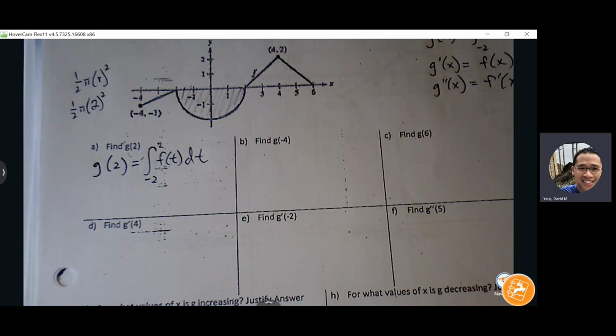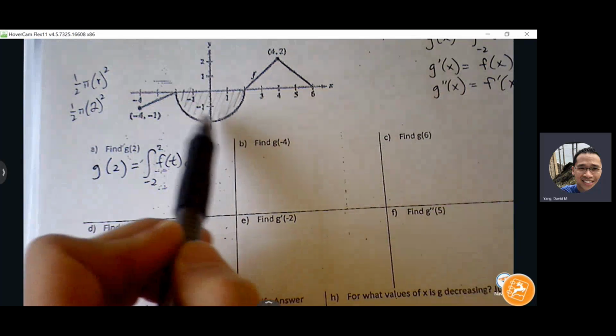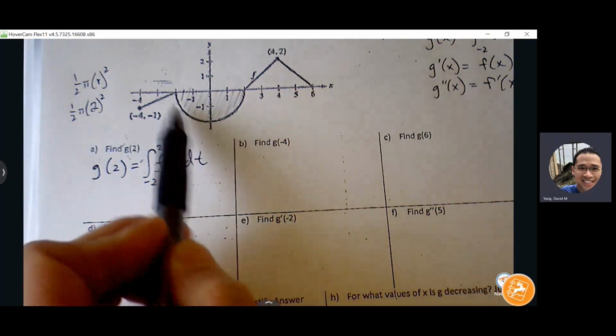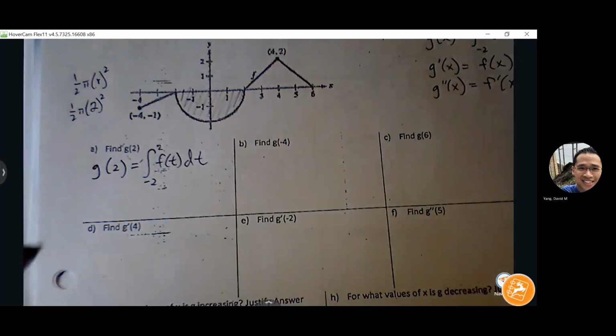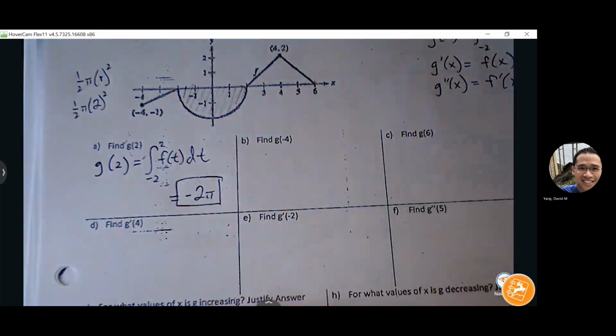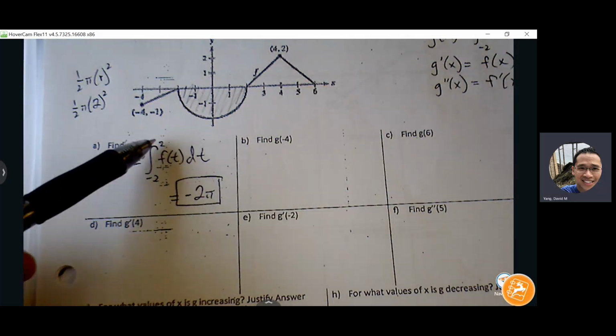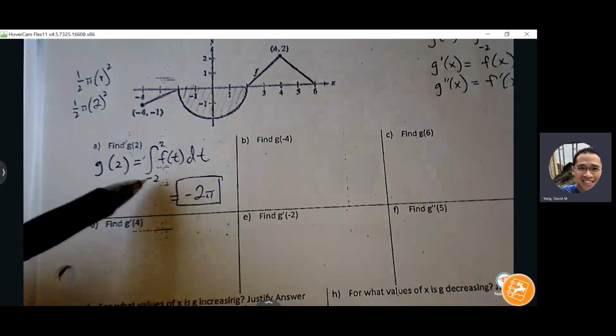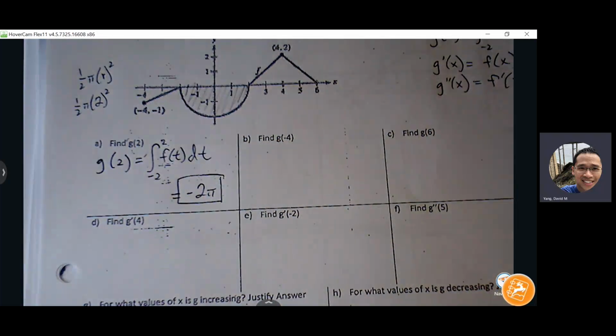So 4/2 is 2 pi, but any adjustments, it's below the x-axis, so negative, yep. And also I didn't end up flipping the balance because it's already in order, right? Smaller to larger, it's good. We don't have to make any adjustment, okay?